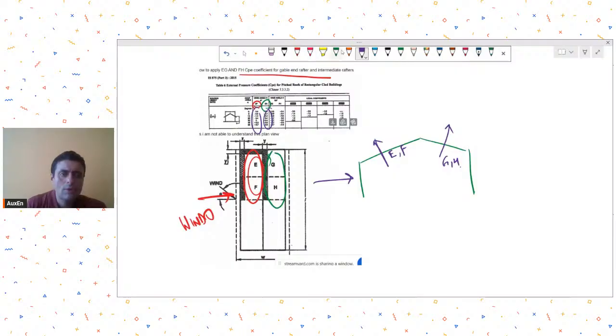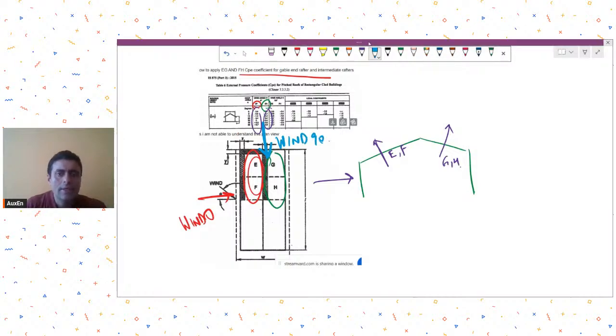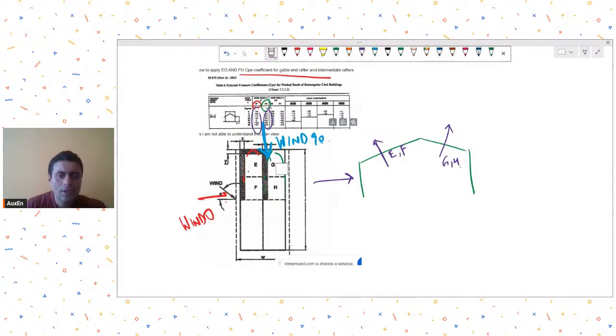Now when wind is blowing at a 90-degree angle like this, what you need to see is that in this case now the EG and FH will be clubbed. So basically now they are saying that this region will experience one set of wind loads.